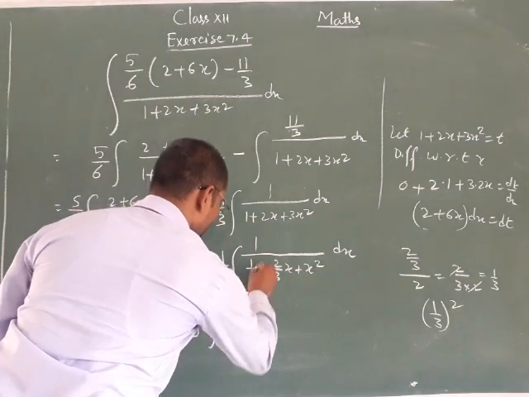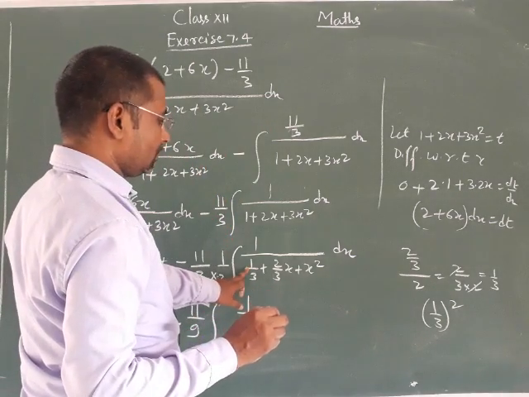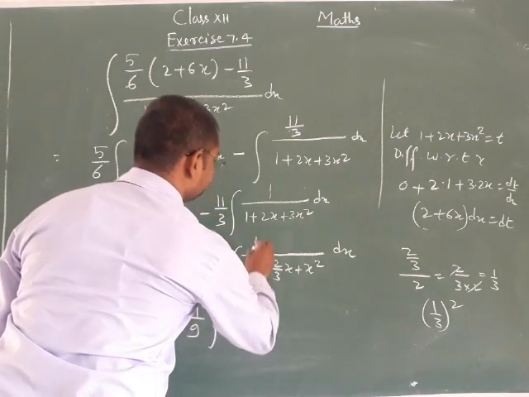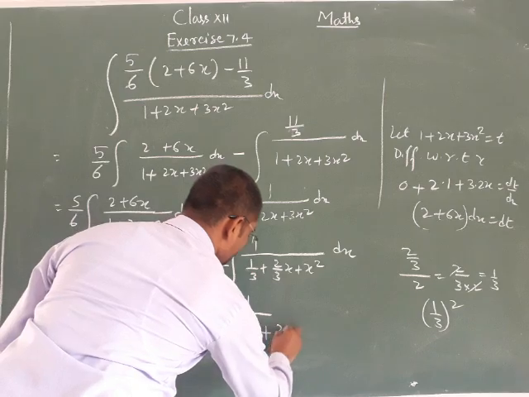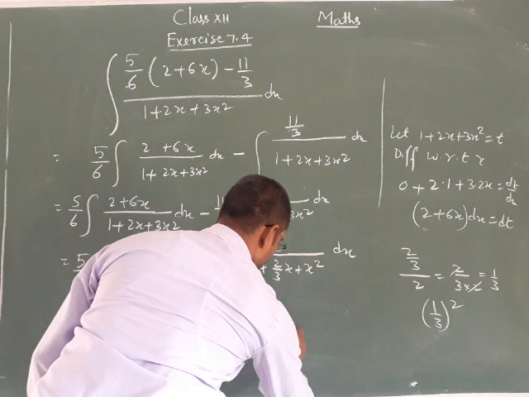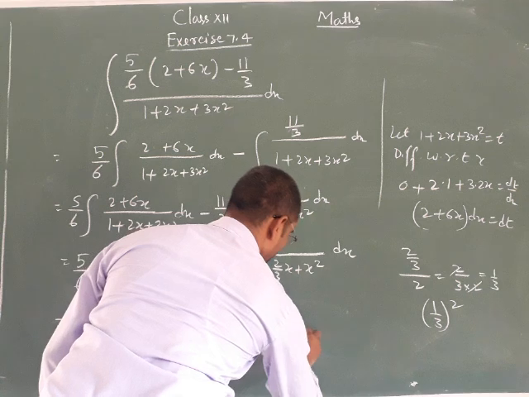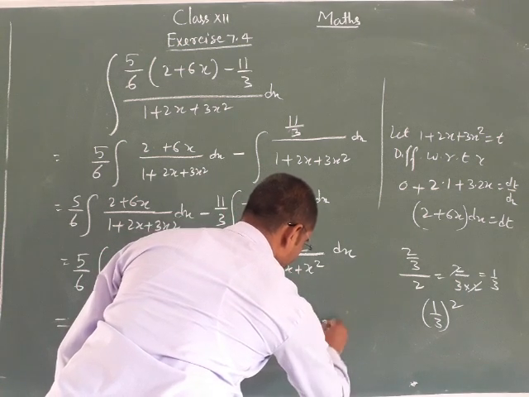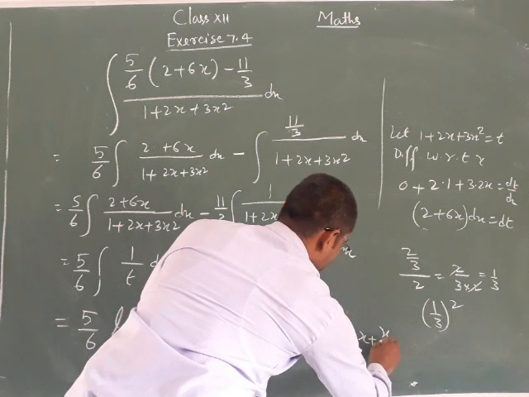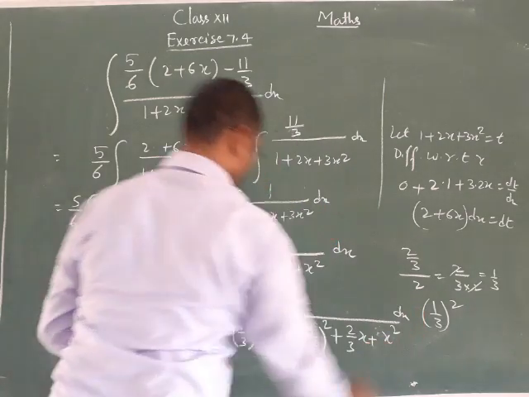So you can write 1 upon 3 and plus 2/3 x, or 1/3 square minus and plus 1/3 square and plus 2/3 x plus x square dx.